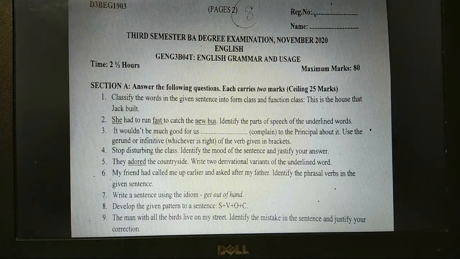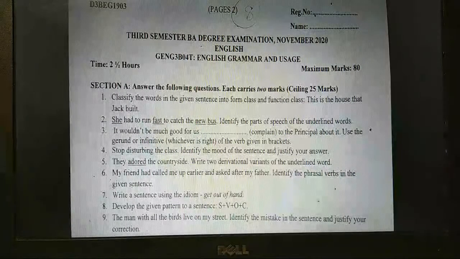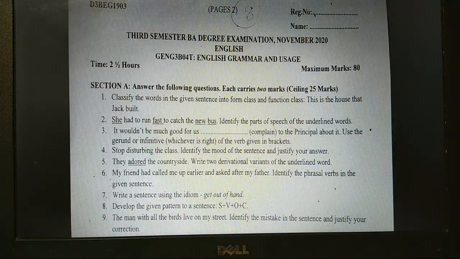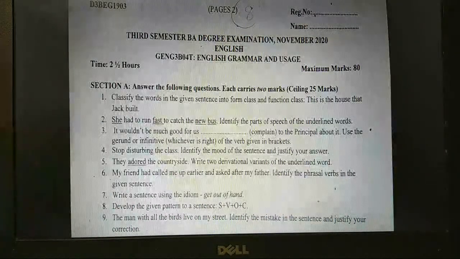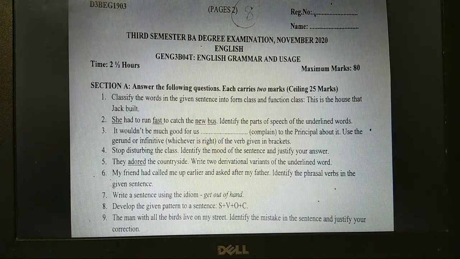We is the subject, elected is the verb, and George is the object. We elected George as what? We elected George as the president of the club, and president of the club is the object complement. Now we have a sentence with the pattern subject plus verb plus object plus complement.